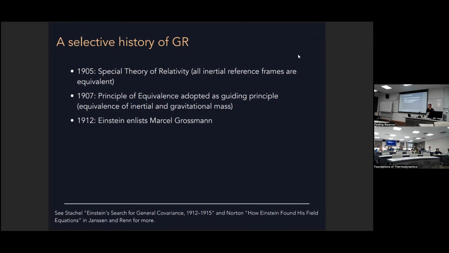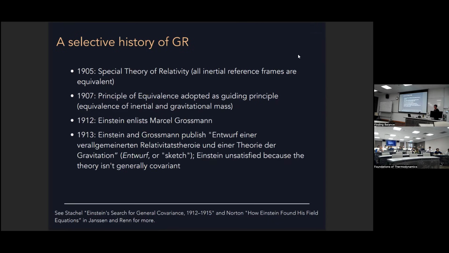He enlists Marcel Grossmann in his quest, and together they publish the Entwurf theory, a sketch of something like a precursor to GR. This is a good step along the story, but Einstein is unsatisfied because it doesn't have general covariance, and it isn't until 1915 that Einstein publishes the field equations. This is a very selective history, so please see more references for a little more nuance in how this history progresses.